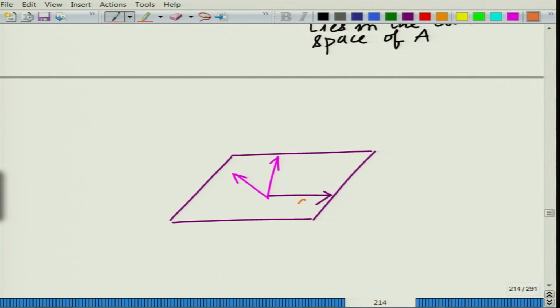This is your A1 bar, A2 bar, so on up to An bar. Now, this is the subspace spanned by the columns of A.